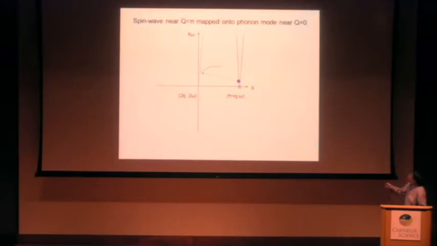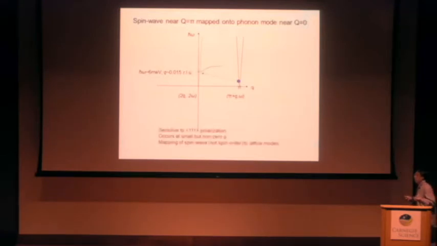So if we calculate where the crossing point is based on the spin wave dispersion being mapped near Q equals 0, the crossing point is at, of course, the optical phonon energy, but at a small but finite Q, about 0.015 reciprocal lattice units. So this actually naturally answers our previous two questions.